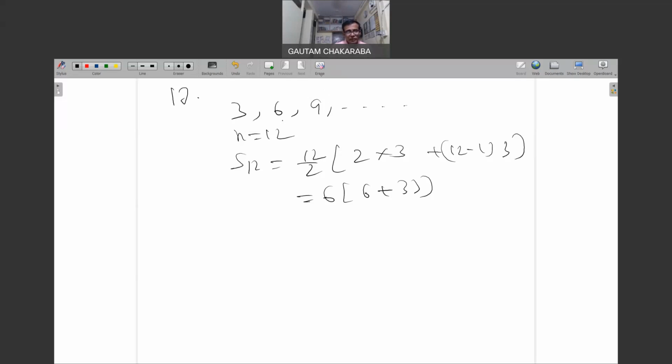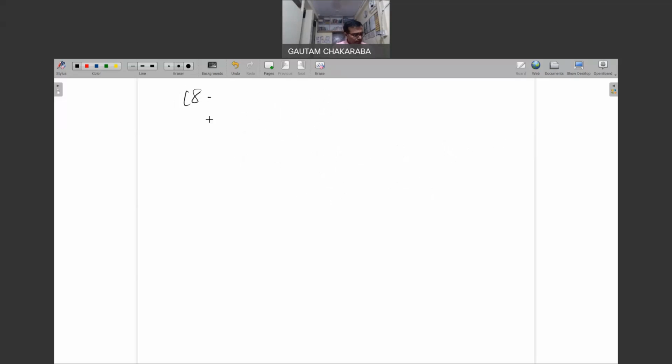Question number 18: a spiral is made up of successive semicircles with centers alternately A and B, starting with center A and radii 0.5, 1, 1.5 centimeters, and what is the total length? You observe the figure. This is from your textbook, and this is the line you observe here. This is spiral 1, this is spiral 2, and this is spiral 3, and so on.